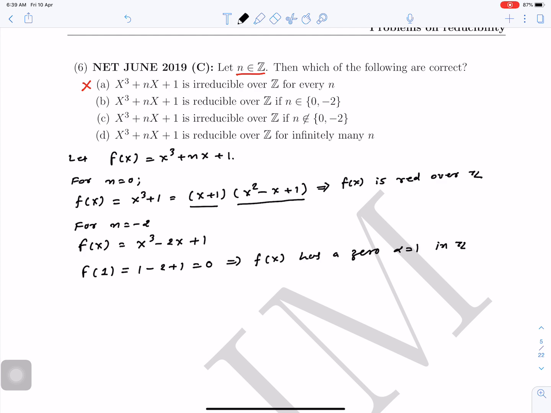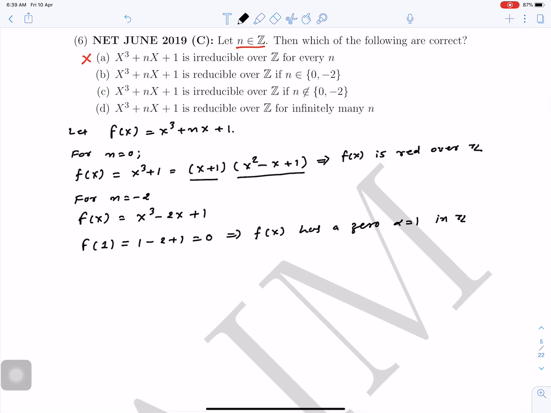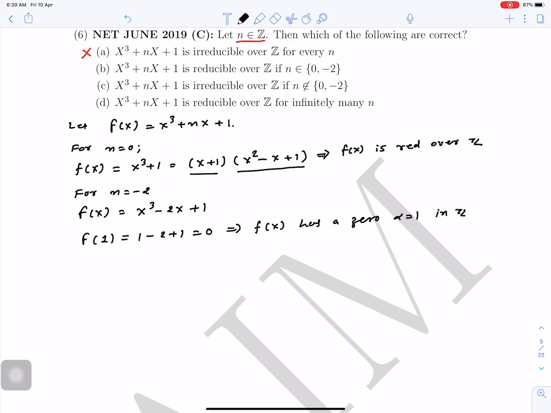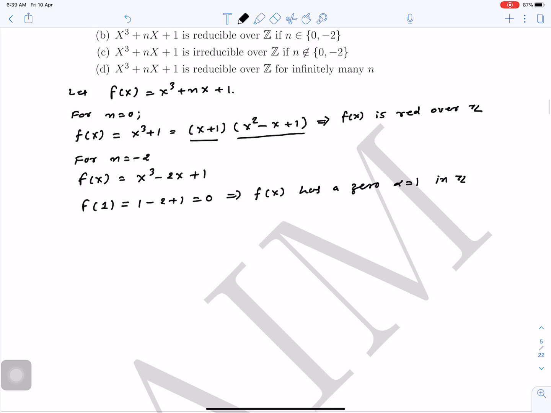We have a result: if f(x) has a zero in a field F, then x minus alpha is a factor. But here Z is not a field, so let us manually verify whether x minus alpha is a factor or not.